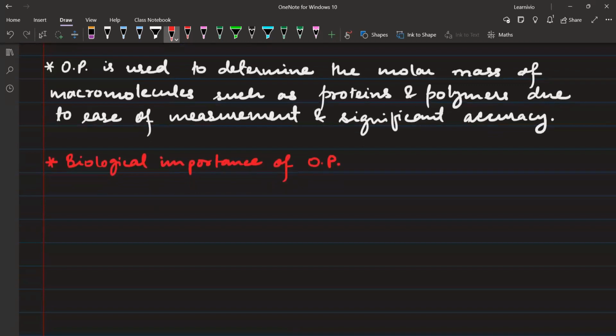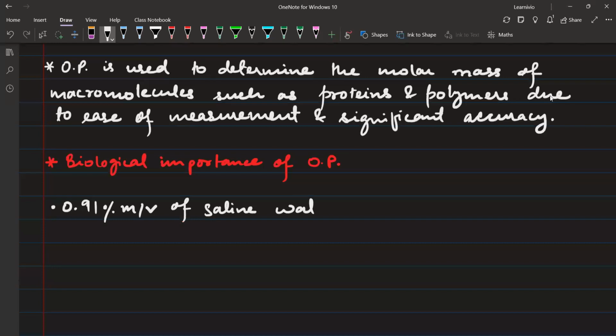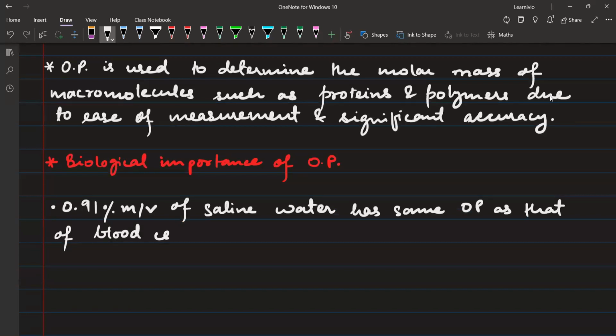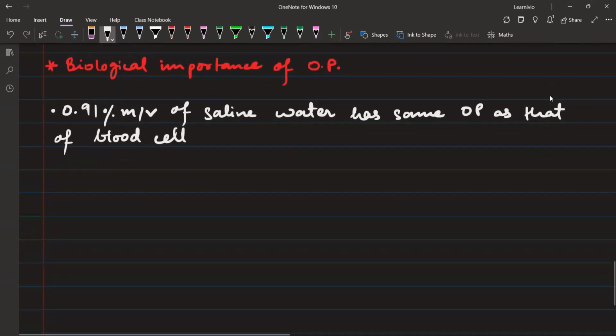Now you have to remember a data point: 0.91% mass by volume of saline water has the same osmotic pressure as that of blood cell. When we say blood cell in general, it means red blood cell. Don't get confused between blood cell and red blood cell.